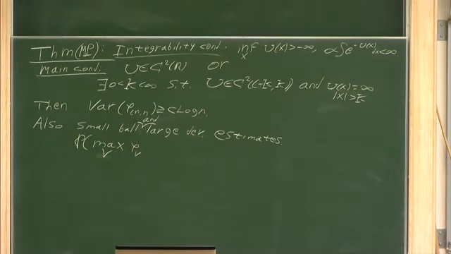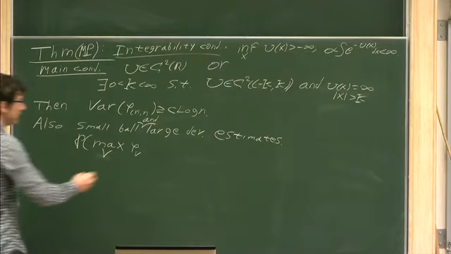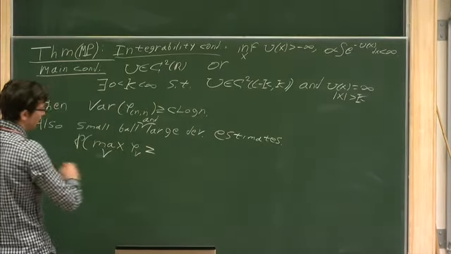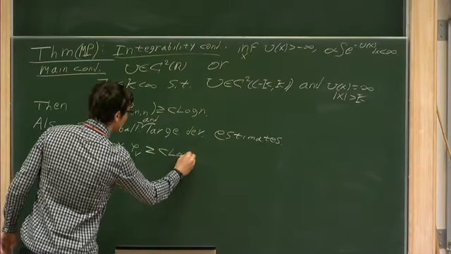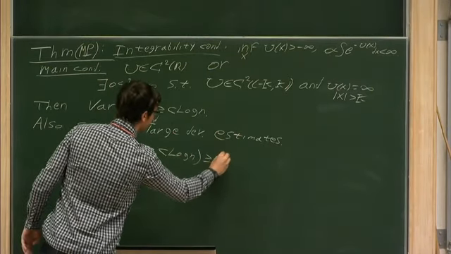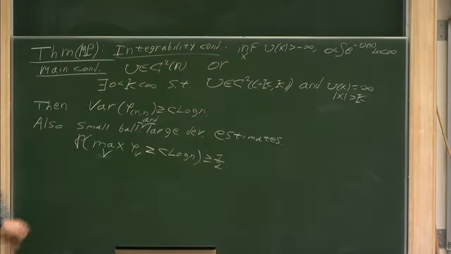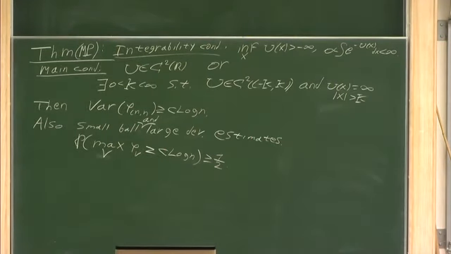You see at the typical point the fluctuation is square root log n, but the maximum is bigger than that. And again, by analogy with the Gaussian free field, the maximum should go all the way up to log n. And we can show that the maximum will be at least a constant times log n with, say, probability 1/2. So this is what we can prove.